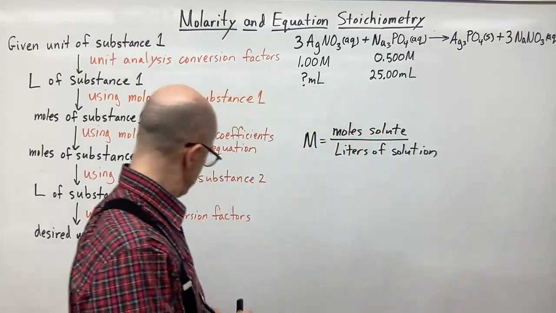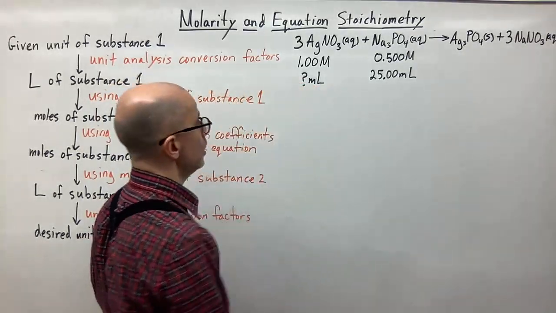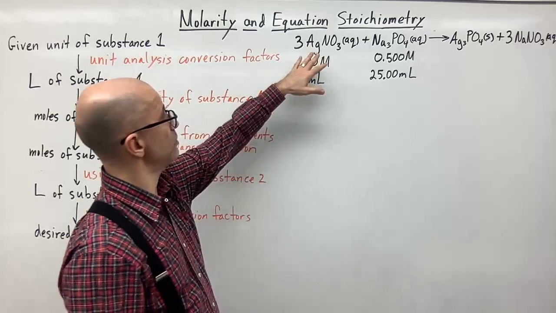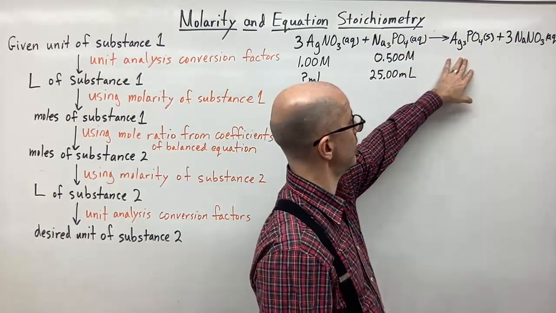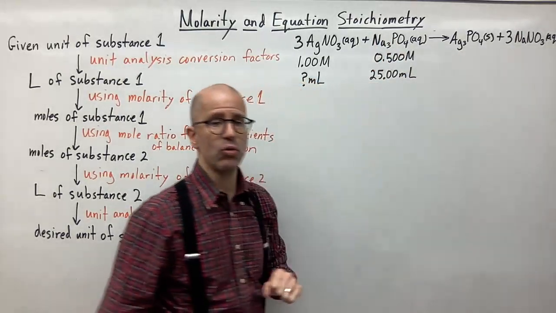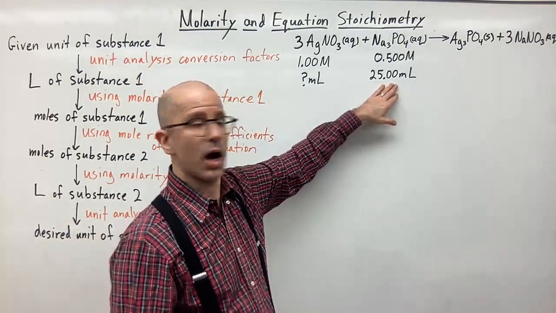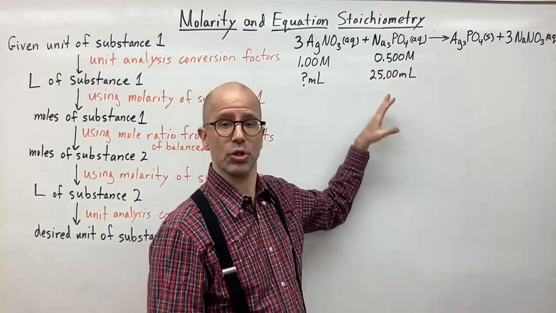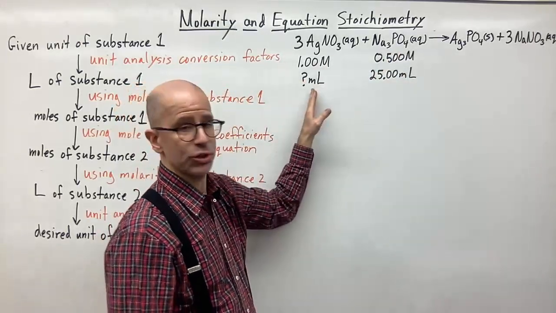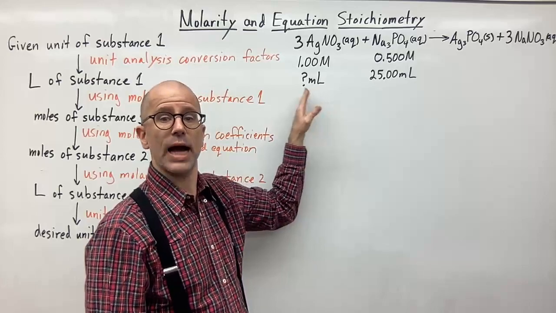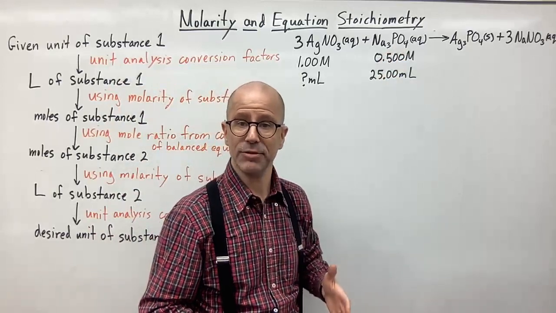So what I'm going to do now is go over an example to show you how it's done. In this example, I'm given some silver nitrate reacting with sodium phosphate to produce some silver phosphate solid and some sodium nitrate. The problem is asking: if I'm given 25 milliliters of a 0.500 molar solution of sodium phosphate, how much of a solution of silver nitrate would I need to precipitate out all of the phosphate that I have, right?